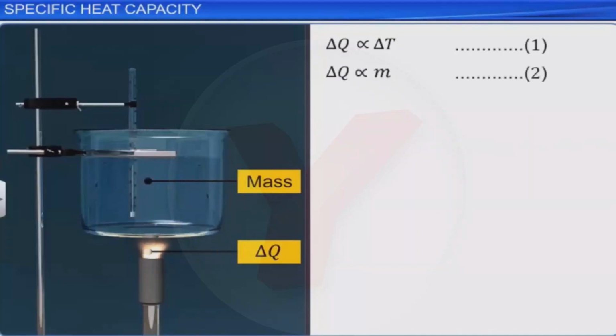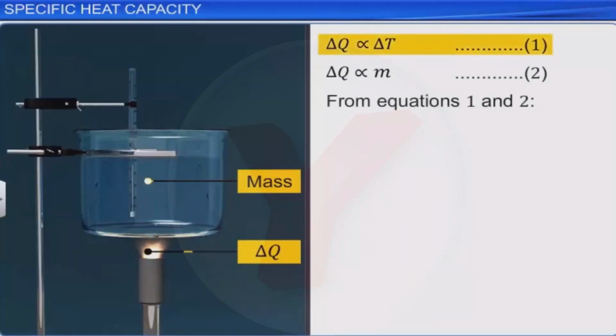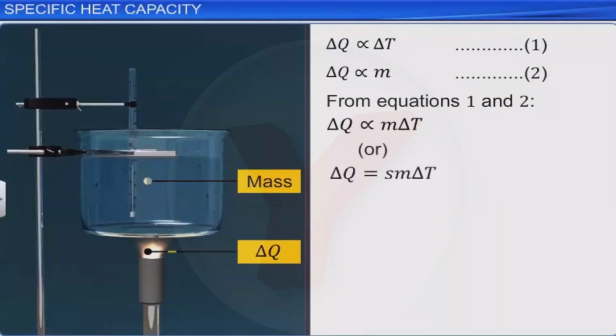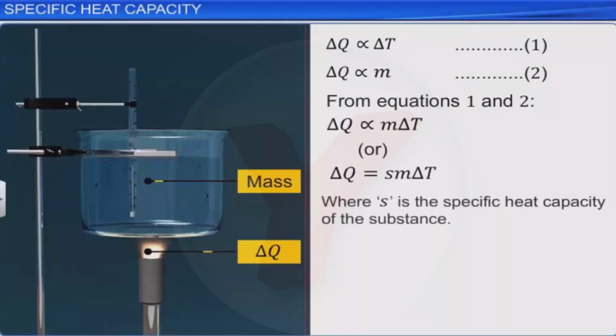From equations 1 and 2, we can write that delta Q is directly proportional to m delta T, or delta Q is equal to S m delta T, where S is the specific heat capacity of the substance.